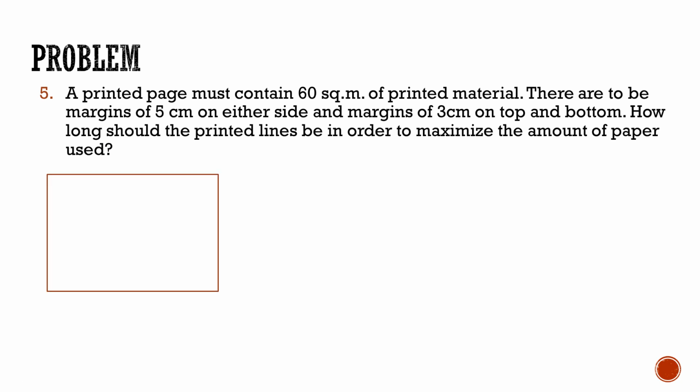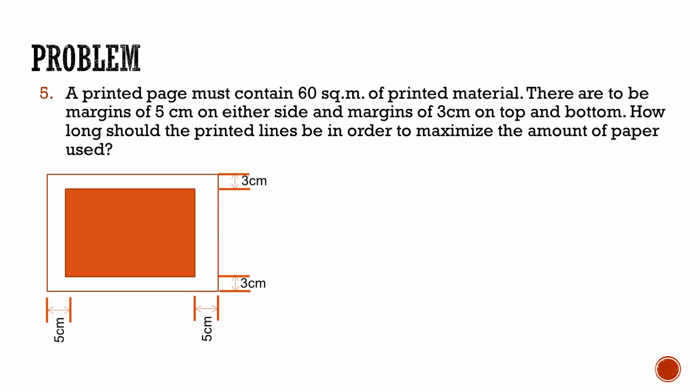So, this is the paper used, which is to be minimized. Take note of that. The condition is that it must have a margin on both sides of 5 cm and a top and bottom margin of 3 cm, and this is the printed portion that should be 60 square meters.